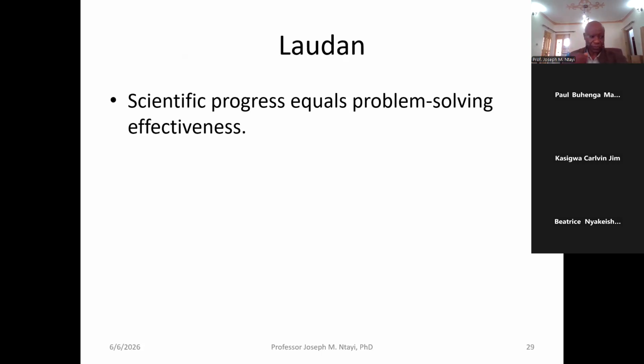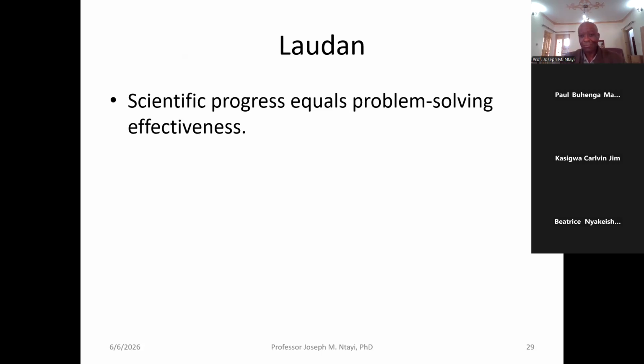Now, this scholar is called Larry Laudan. And his concern was on problem solving. Ladies and gentlemen, remember something I said some time back: I told you that a PhD must achieve two things.